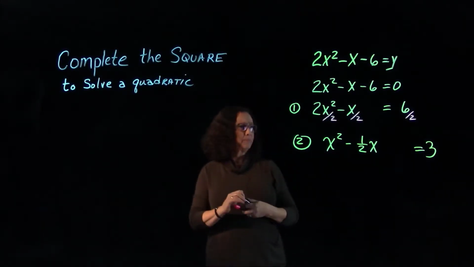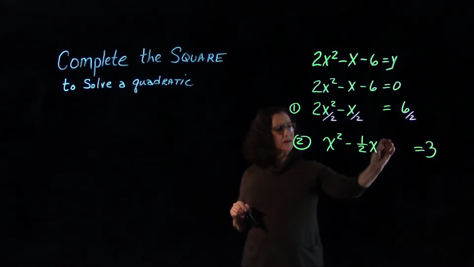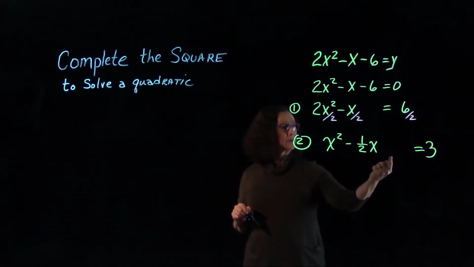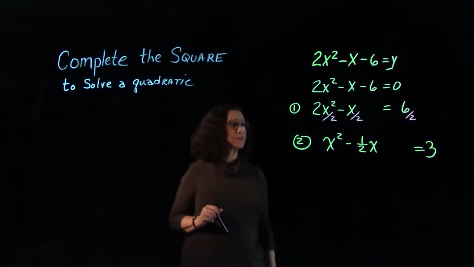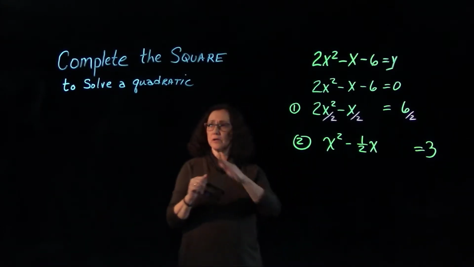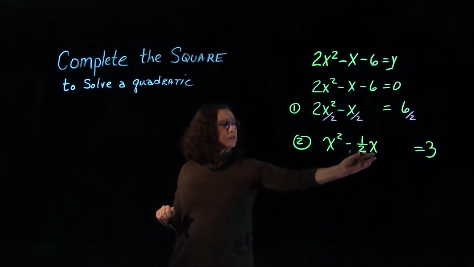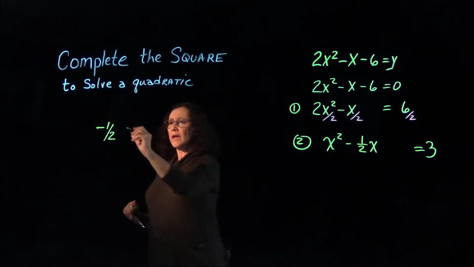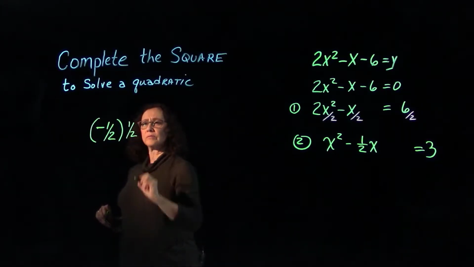The third step is to find some term that I can put inside of this equation that will make this a perfect square trinomial. And when I add something to the left side of the equation, I also have to add something to the right-hand side of the equation. The way you find that term is you take the coefficient of the x, that's the negative 1/2, and you take half of that number.